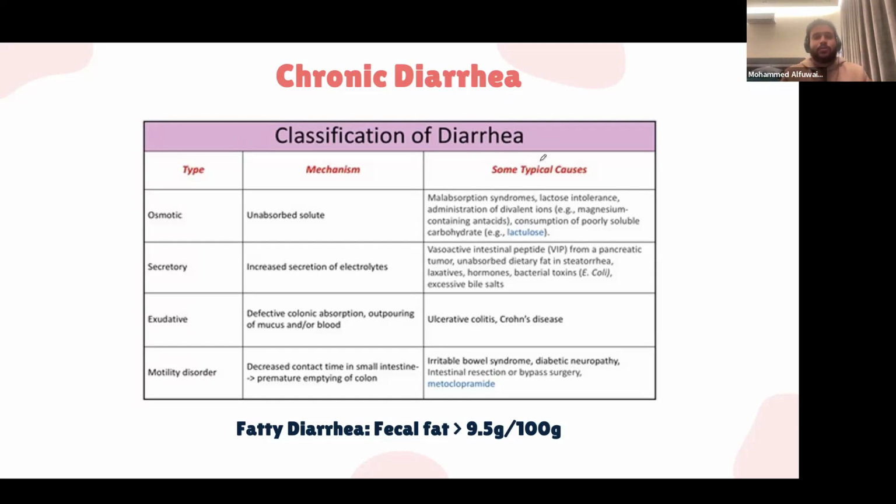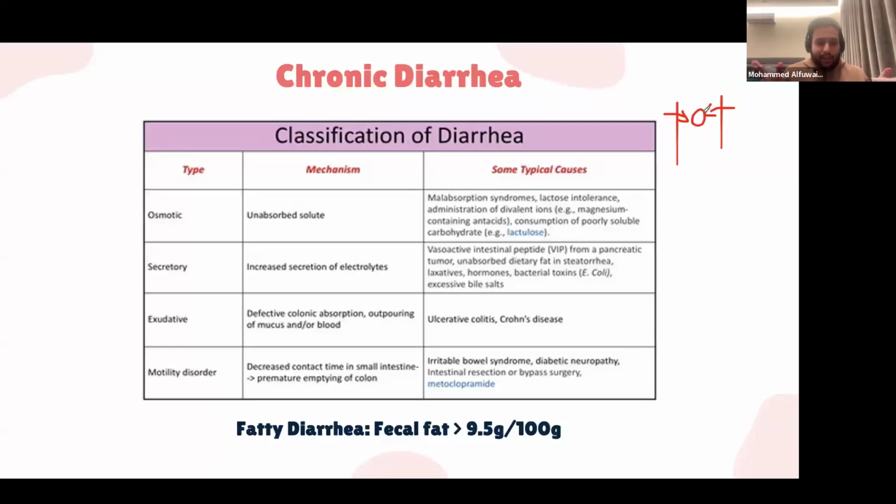Osmotic diarrhea is when, if you look into the bowel of the intestines, there's anything here that's hyperosmolar, that's allowing water to go into the lumen, okay? That's typically what osmotic diarrhea is. Something here that's pulling water from the walls into the lumen is causing the diarrhea. That's osmotic. So these are solutes that are not absorbed.